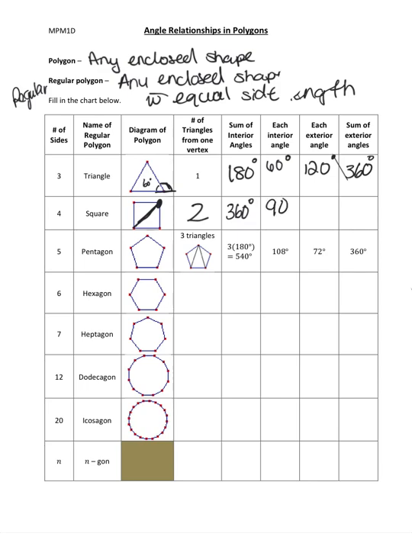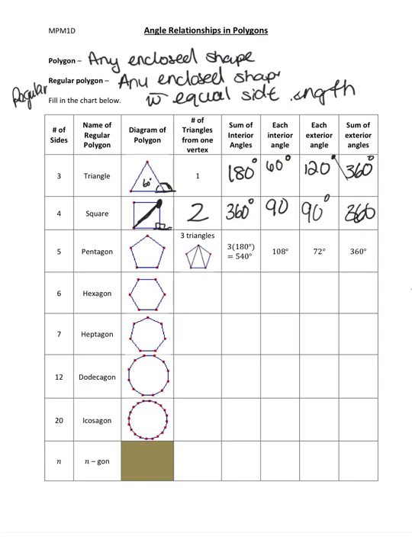To find that interior angle, I take the sum, the total, and divide it by how many there are. With 4 outside angles, each exterior angle is also 90 degrees. I know that because if I draw that straight line here, this is a 90-degree angle, that's a 90-degree angle. The sum of all of those angles is going to equal 360 degrees.